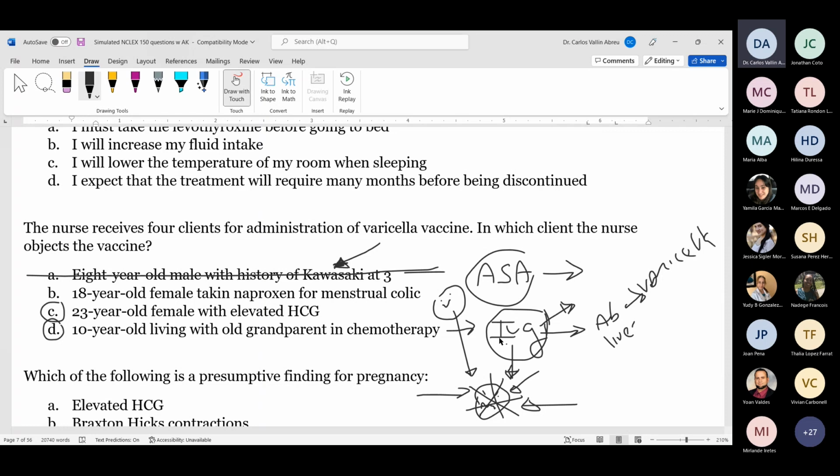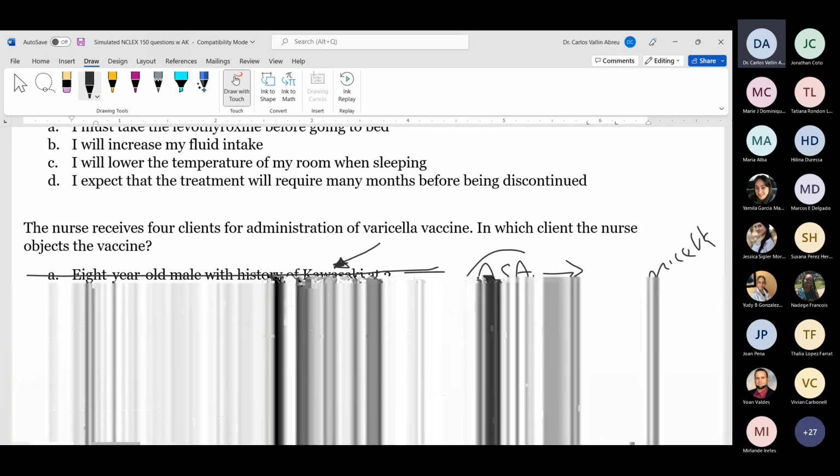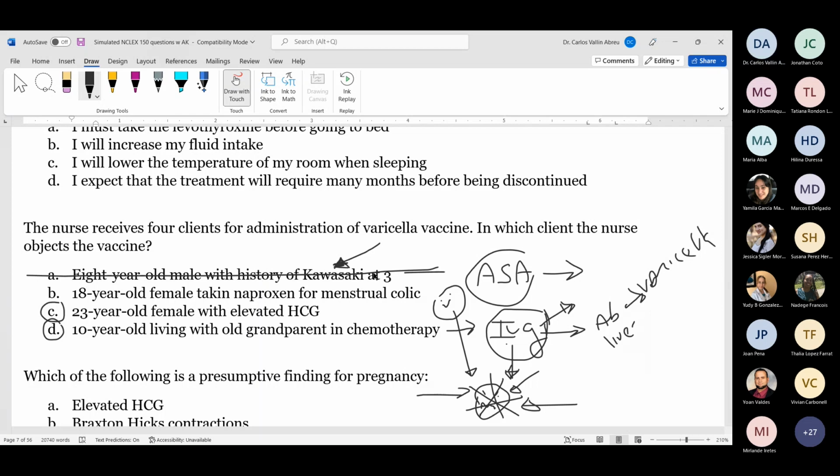The immune globulin received will kill the virus of the vaccine, and the vaccine is not going to work. It's like injecting water. So this is another interference between the treatment of Kawasaki and vaccination.